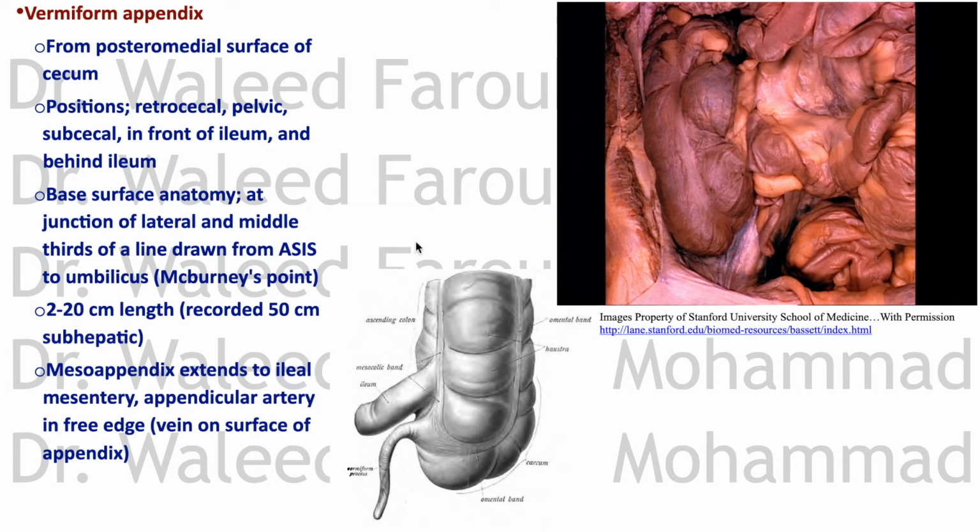The vermiform appendix, as you can see here and here. It opens in the posteromedial surface of the cecum. It varies in length among individuals. It's simply a tube filled with lymphoid follicles and has a narrow opening that opens into the cecum.